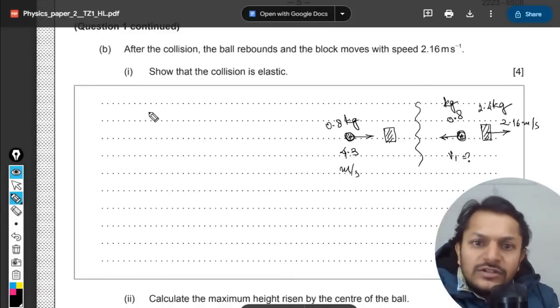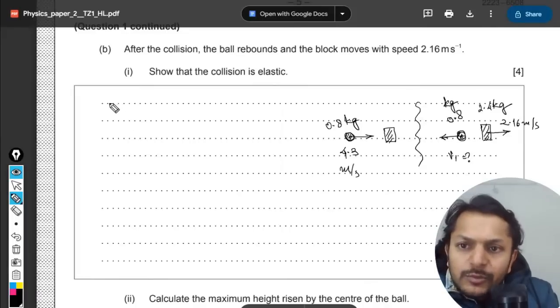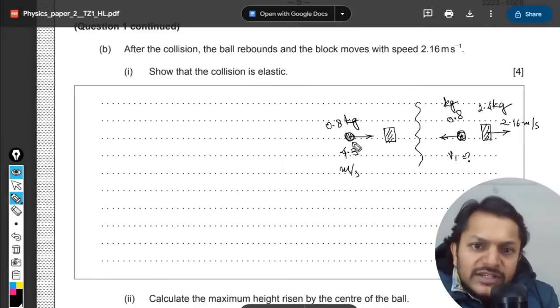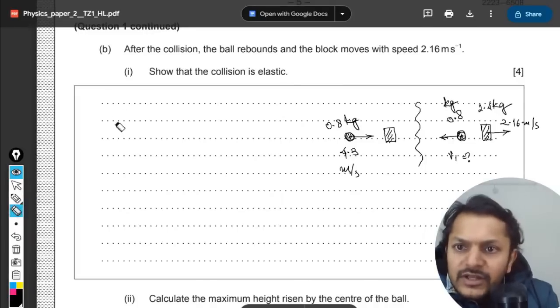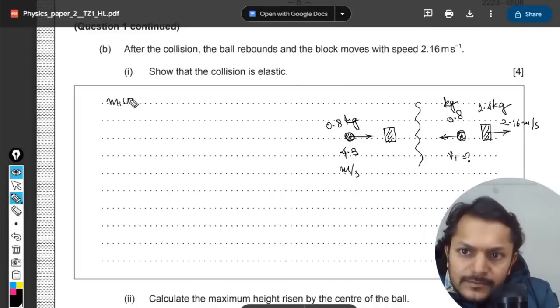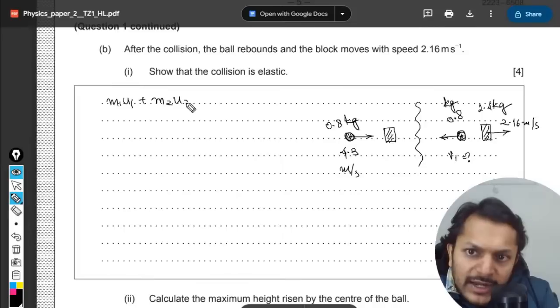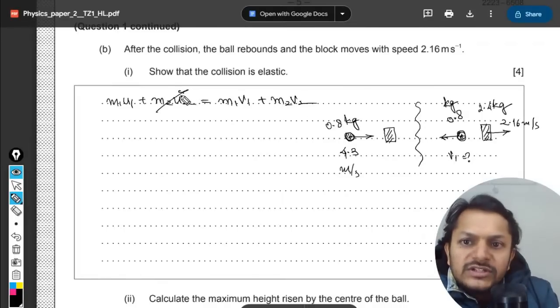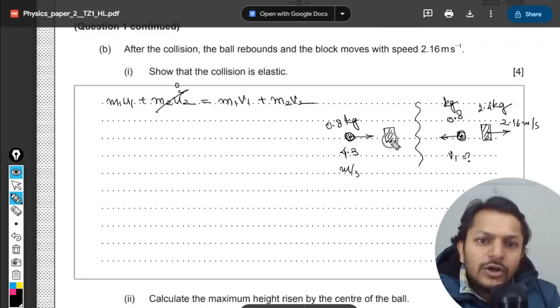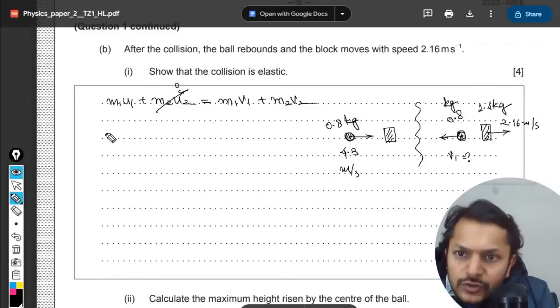We will apply the conservation of linear momentum principle. m1 u1 plus m2 u2 will always be equal to m1 v1 plus m2 v2. Now u2 is 0 because the block is not moving, so we are going to substitute the values here.